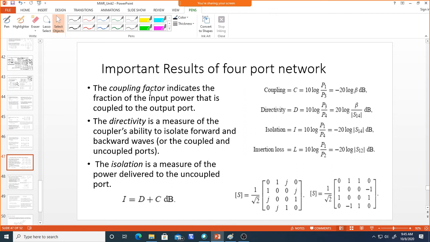So now let us derive the important results from the 4-port network. The coupling factor, as I said: if I feed the power at port 1, how much power is coupled to the coupled port?